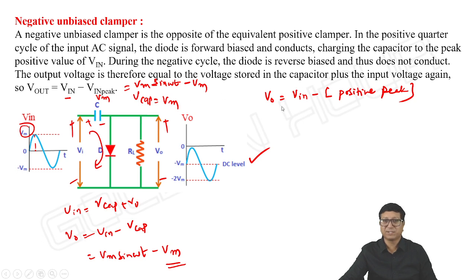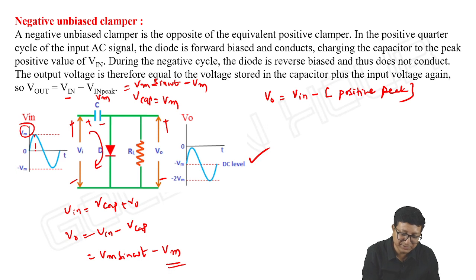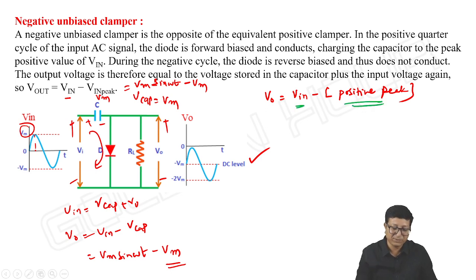With the negative sign we should take, right? I will change this statement. So for the negative clamper, it is V input minus the voltage stored across the capacitor, right? As I write, input minus negative peak. So it is equal to the input voltage minus the voltage stored across the capacitor, not plus.